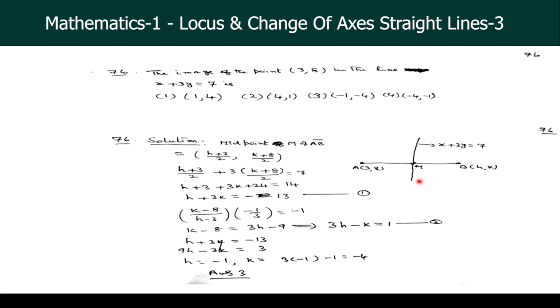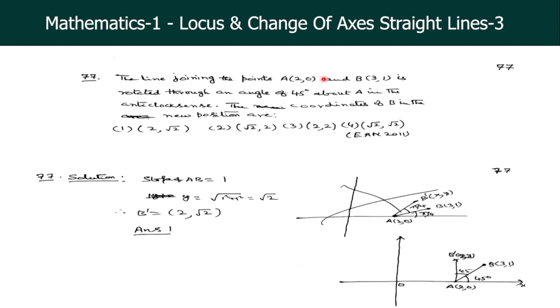Also, the product of the slopes of the line AB and the given line is minus 1. Applying that, you will get another equation, 3h minus k equal to 1. Solving 1 and 2, you will get h equal to minus 1 and k equal to minus 4. So in any case you get the same answer, and the correct option is 3.